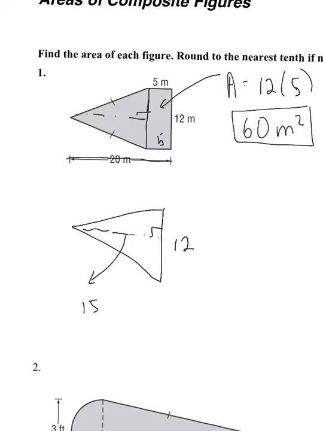Who remembers the formula for the area of a triangle? Area of a triangle is 1/2 base times height, which is 1/2 times 12. This is 12, not 17. Let me erase this.